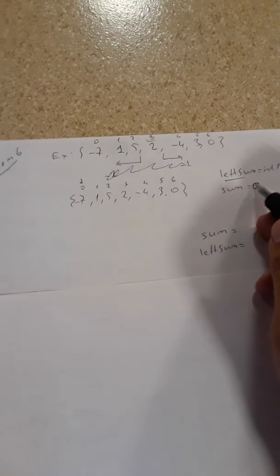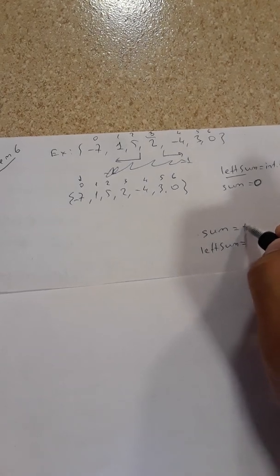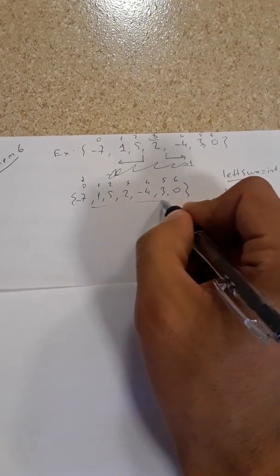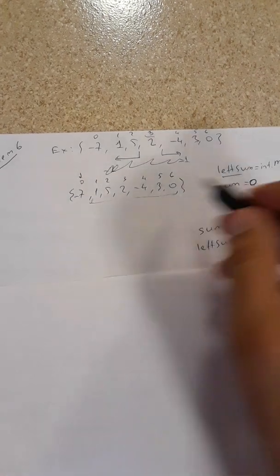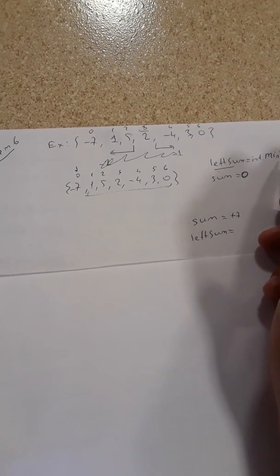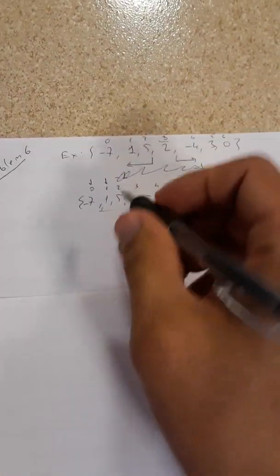We're subtracting the element from our sum, and since it's a negative value, subtracting will make it positive, +7, and we'll just compare the remaining sum of all elements to the right with our left sum value and check if it's equal or not. But now it's not equal, so we go to the next element at index 1.